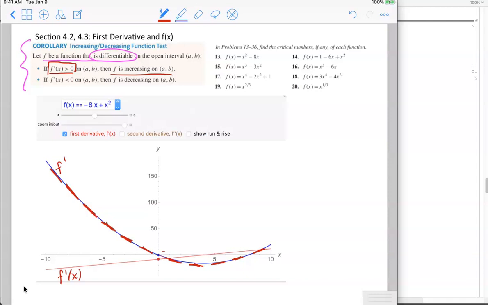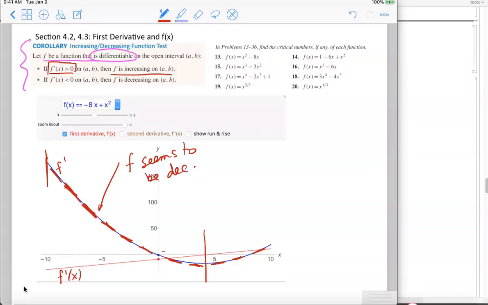So what we can see here is that on this part of the graph, the function f of x seems to be decreasing because the tangent lines are sloping downward, and on this interval the derivative f prime is less than 0.